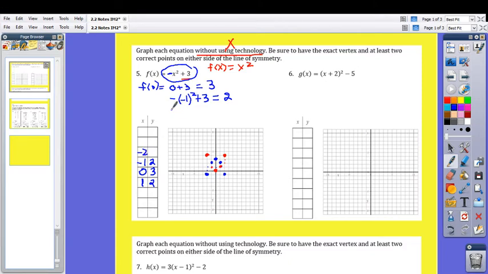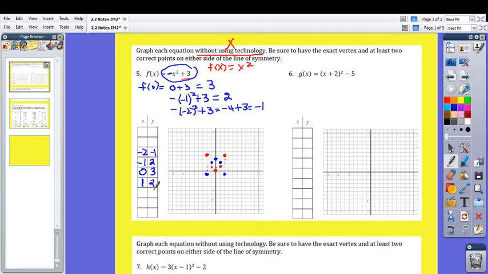If I have negative 2, then the square of that will be 4, but negative. So negative 4 plus 3 will give you negative 1, which are these 2 points that we figured out.